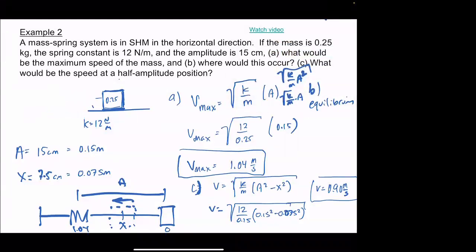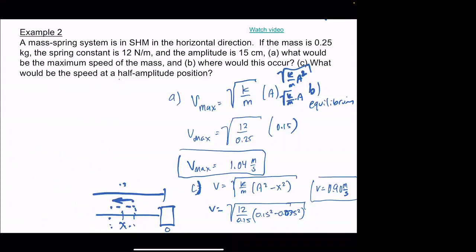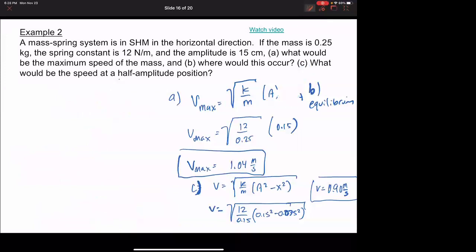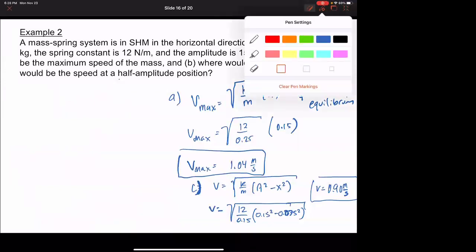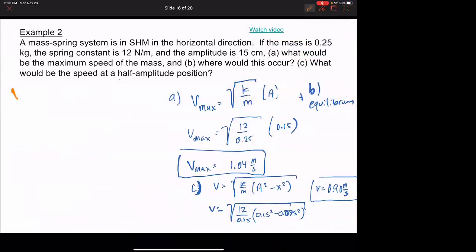Does that make sense? Yeah. Wouldn't that make the entire value of the second one half? No, because it's squared. And if you have V equals the square root of K over M times A squared minus X squared, right, like that?